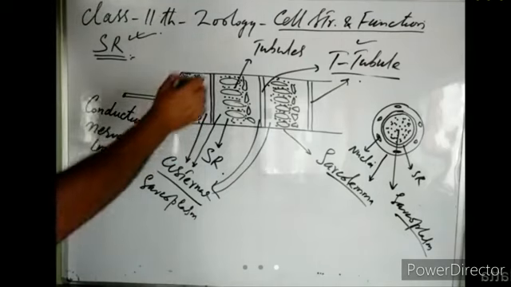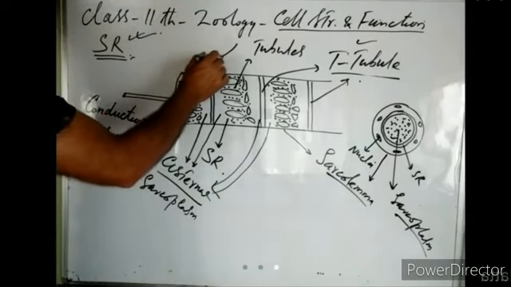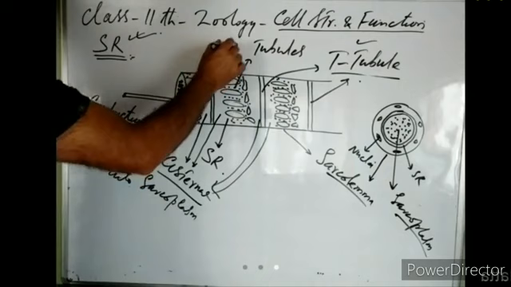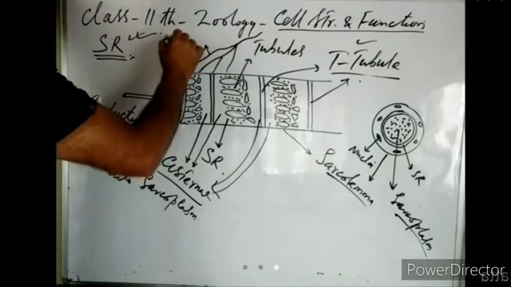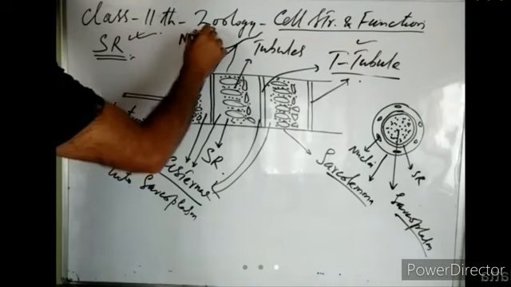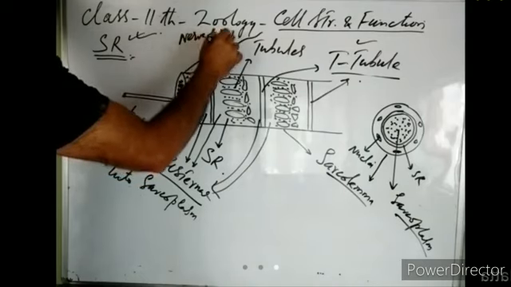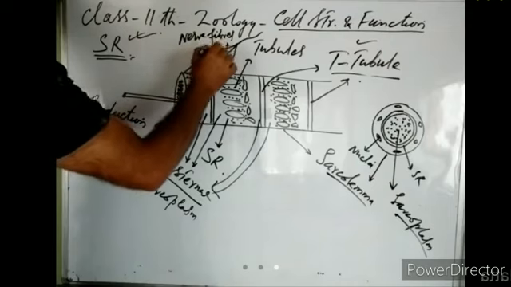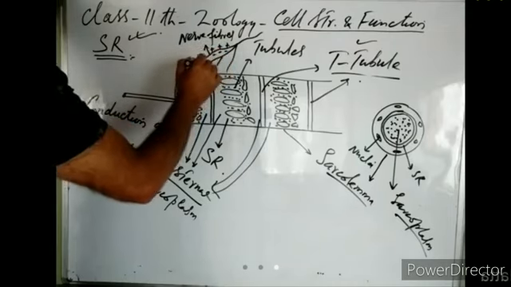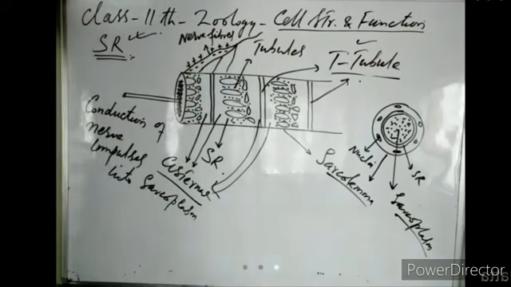So a muscle cell is supplied by neurofibers. These are the neurofibers. They supply a muscle cell. Neurofibers bring in neuroimpulses. So these are the neuroimpulses which are coming to the muscle cell.